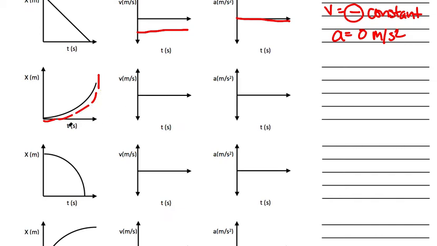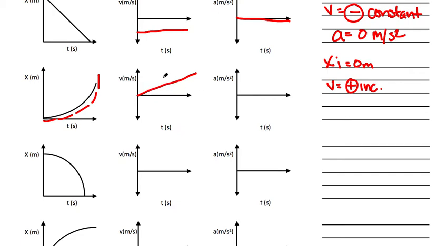So it is an increasing positive slope. So we have an increasing positive velocity. So our initial position, 0 meters. Our velocity is positive and increasing. Please don't just put changing, because you can be specific. It's increasing. That's how it's changing.